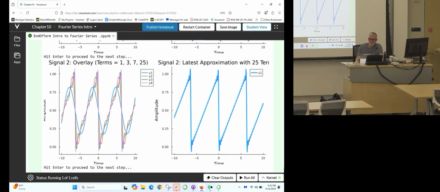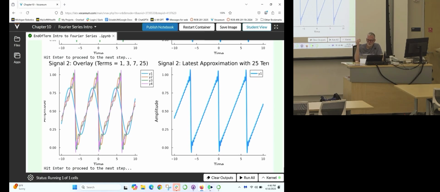Now, because it's discontinuous, it takes many more terms in the Fourier series to get a good approximation. So this is what Fourier's colleagues couldn't wrap their heads around: how is it possible to add up continuous functions? Sinusoids are continuous. And if you do a finite sum of continuous functions, it's continuous.